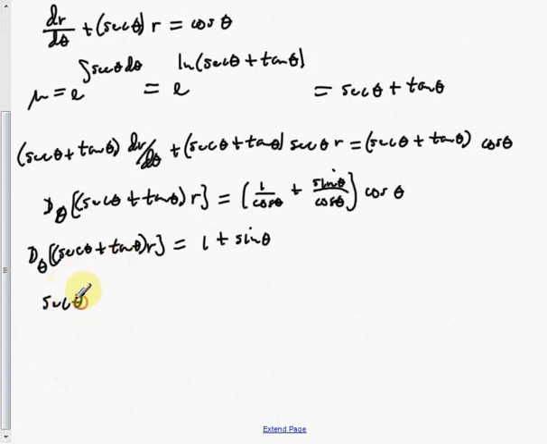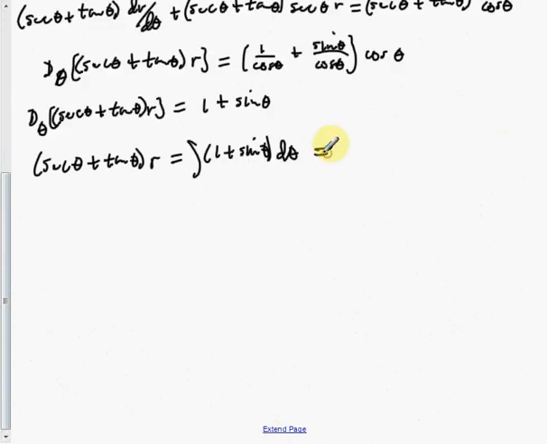So this is secant theta plus tan theta, that's times the r, that's equal to the integral of 1 plus sine theta d theta. Well, that right side, you can just work that out.